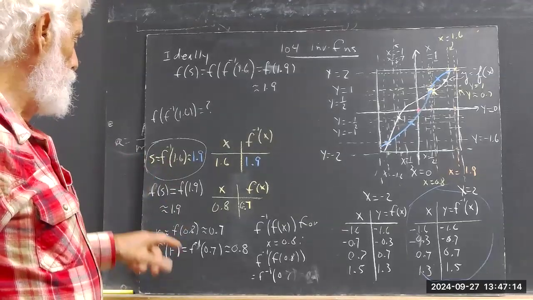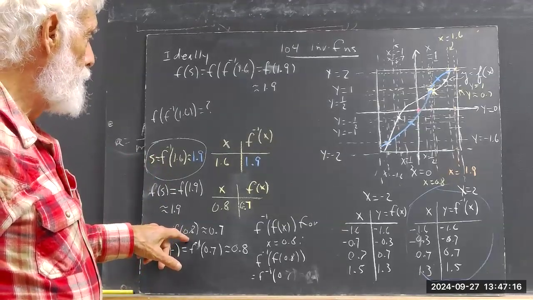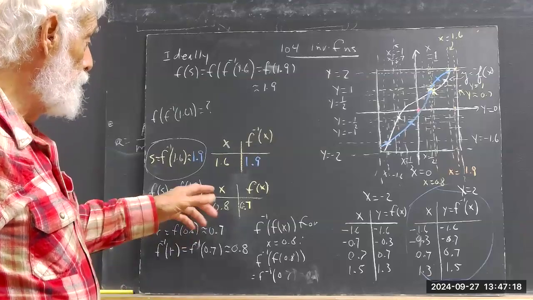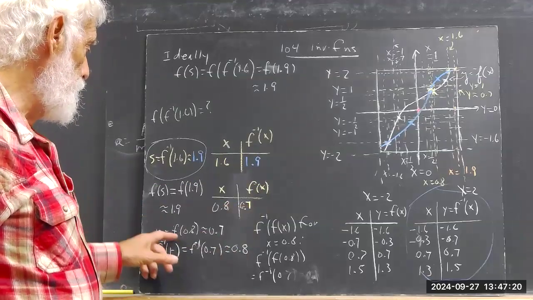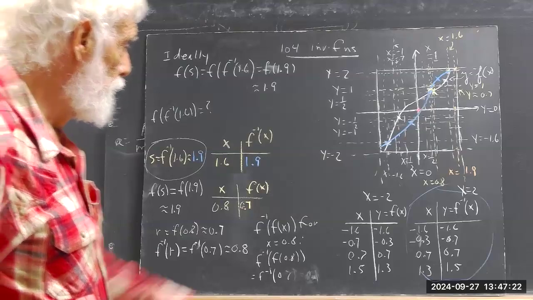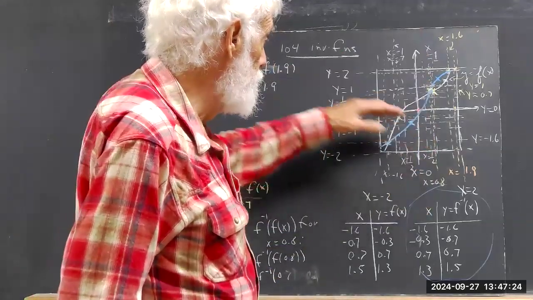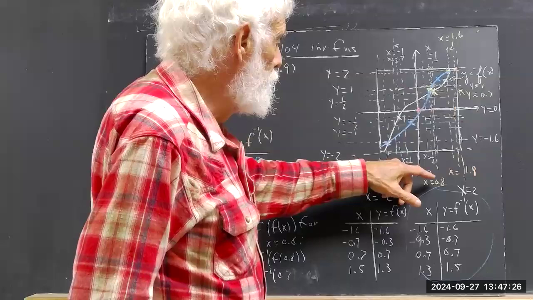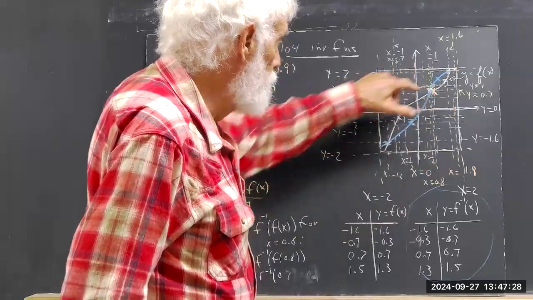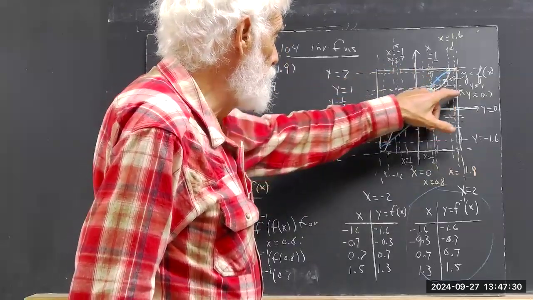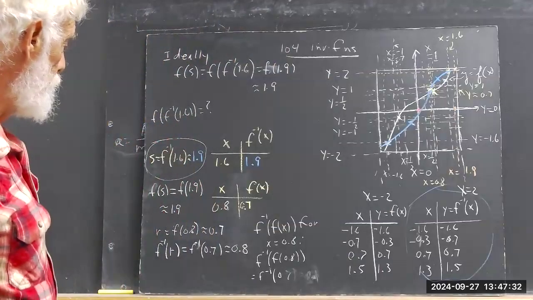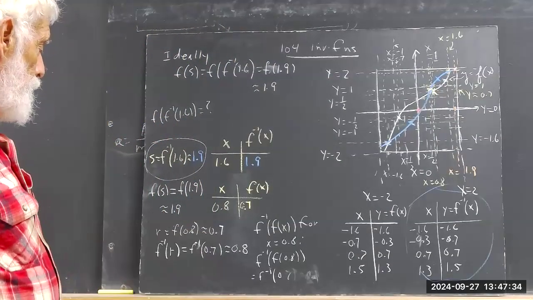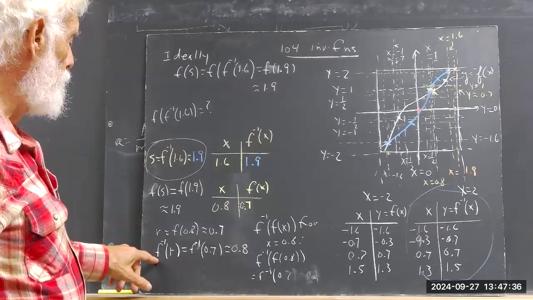Okay, then we do f of 0.8. In other words, find f of 0.8, and we estimate 0.7. There's our line x equals 0.8. Here's a horizontal line through where this line intersects the white graph, and we estimate that we get y equals 0.7. Then we plug that number into f inverse.